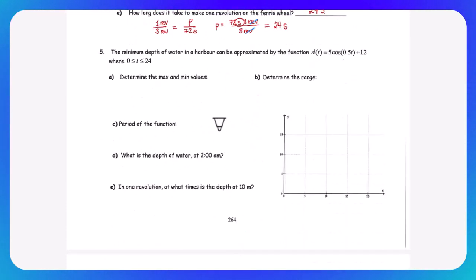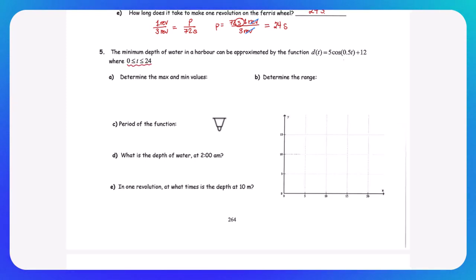And we have another question here that's in context, meaning it's kind of a real life situation. And this one is the minimum depth of water in a harbor, and it can be approximated by the function d of t equals 5 cos 0.5 t plus 12, where 0 is less than or equal to t, less than or equal to 24.